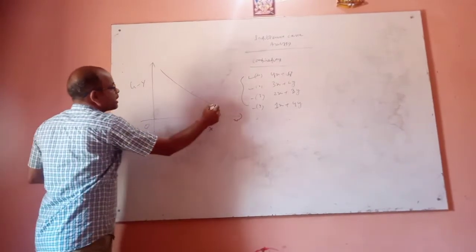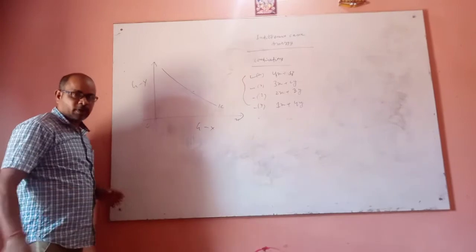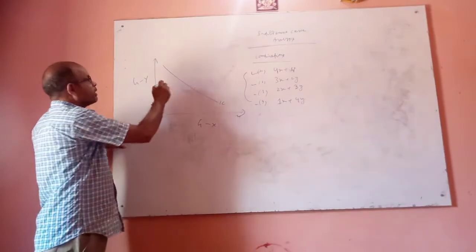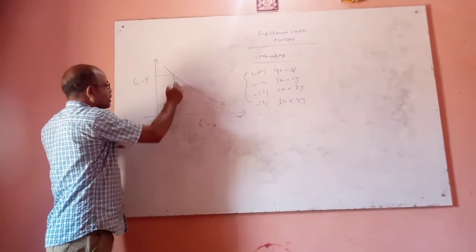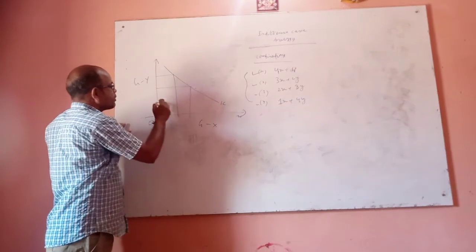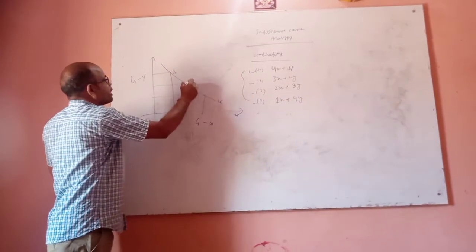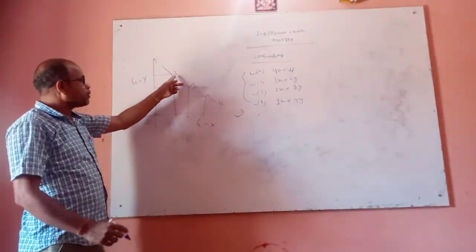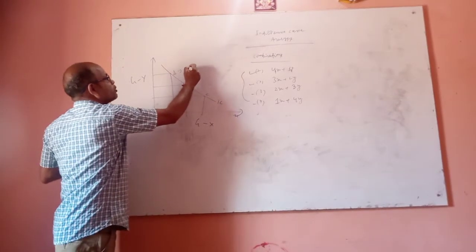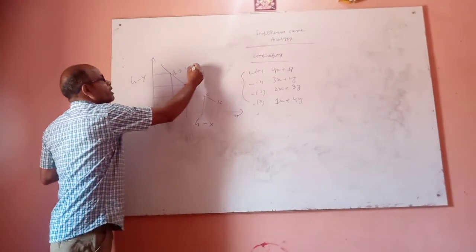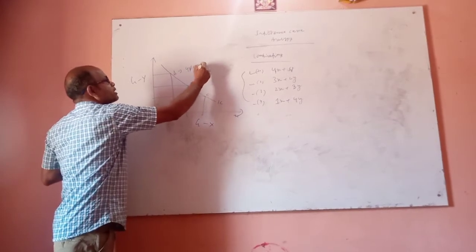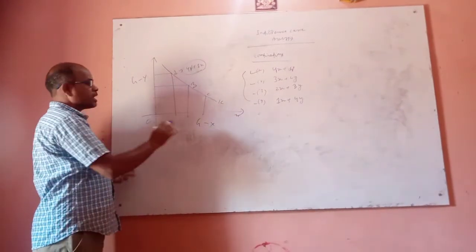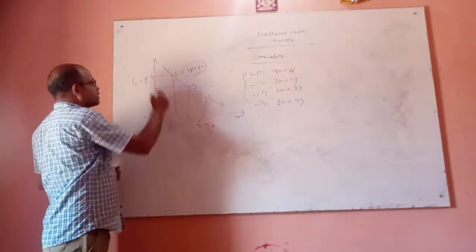So this is regarded as the downward sloping indifference curve, which determines different combinations of two commodities X and Y. Suppose we have selected point A, point B and point C on the IC curve, where if you take point A, we mean that 4 units of Y and 1 unit of X is going to be selected by the consumer in order to get the same level of utility. So this is 4, this is 1.